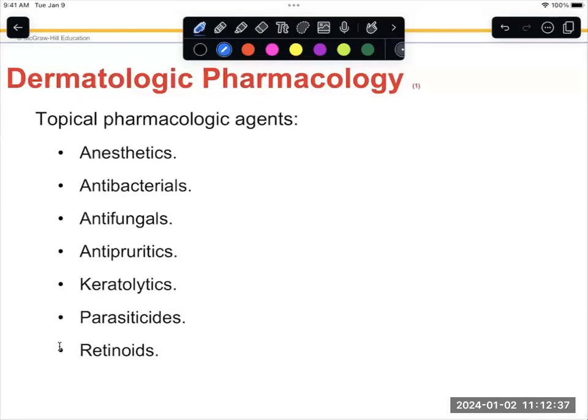Corticosteroids. Keratolytics peel away the skin's stratum corneum. Parasiticides kill parasites like lice. Then retinoids treat acne, sunspots, and psoriasis.